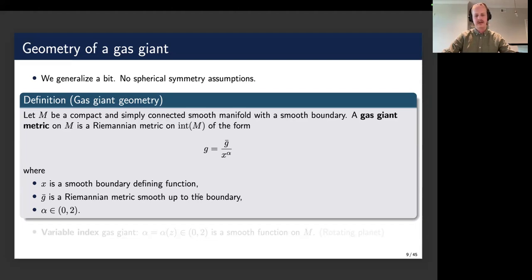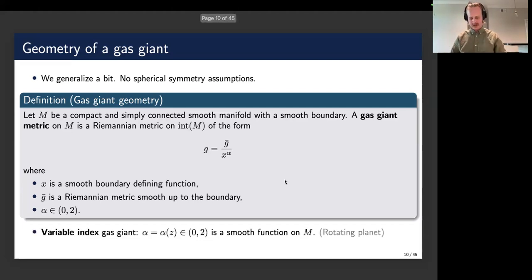Also, g bar has to be a smooth background metric, smooth up to the boundary. Now we allow alpha not to be only 1, as it was on the previous slide, but we can allow a wider range, so alpha can vary between 0 and 2. And that is gas giant geometry basically.